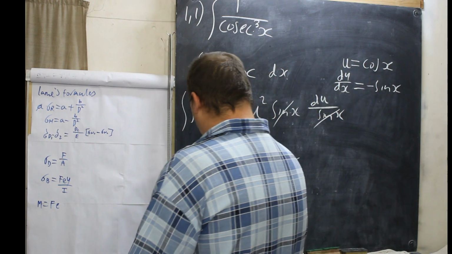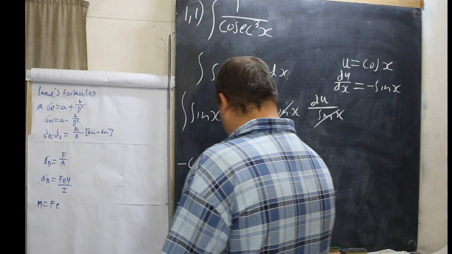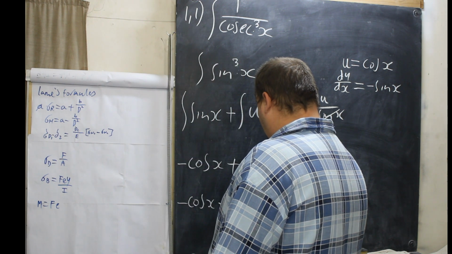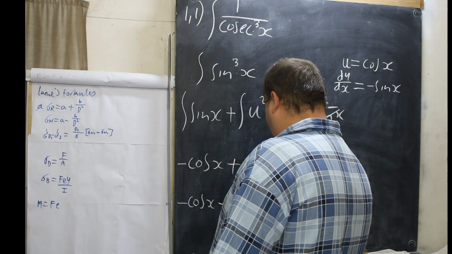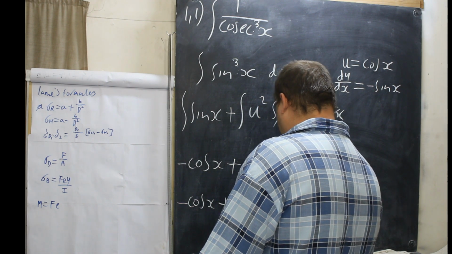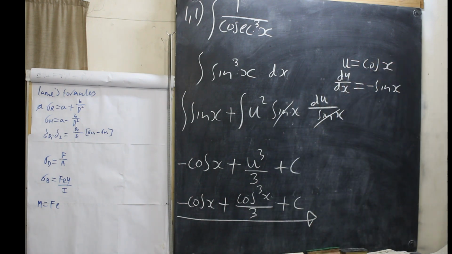So now we've got minus cos x plus cos cubed x over 3 plus c. And that is our final answer.